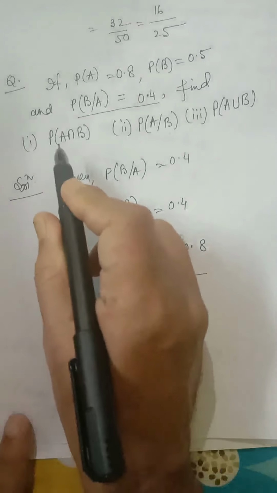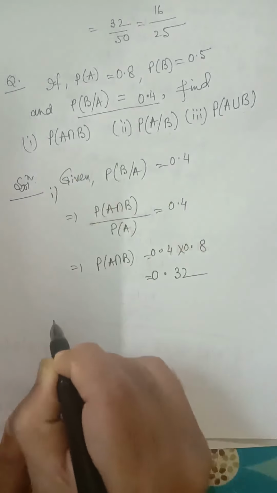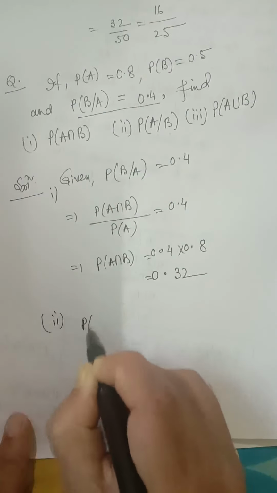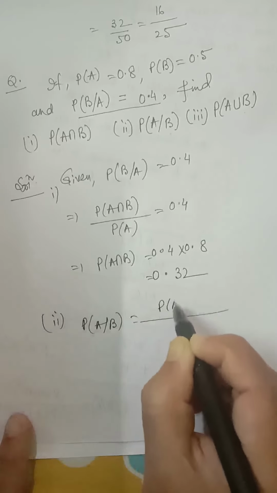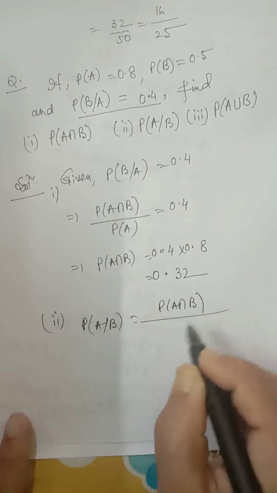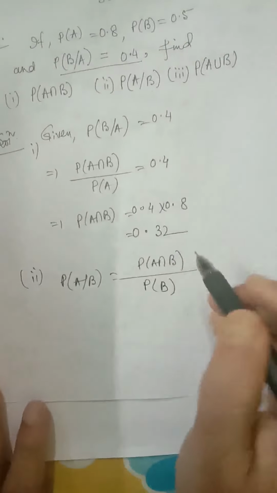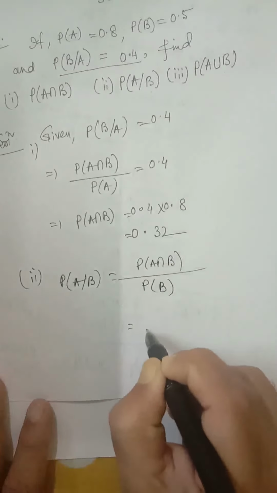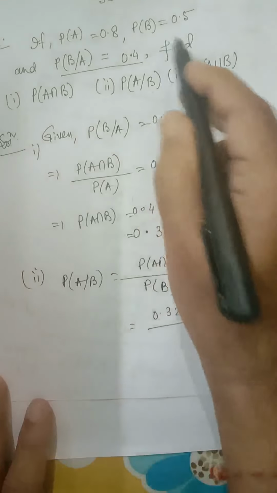So this is the first part. Next, number 2, we have to find P(A/B). The formula for P(A/B) is P(A intersection B) by P(B). P(A intersection B) is 0.32 and P(B) is 0.5.